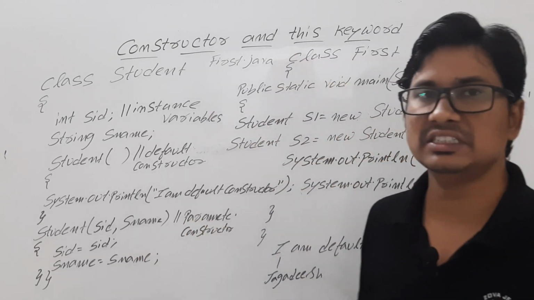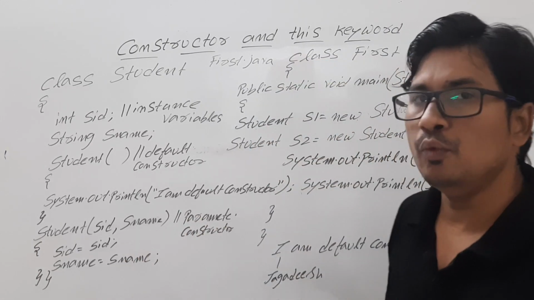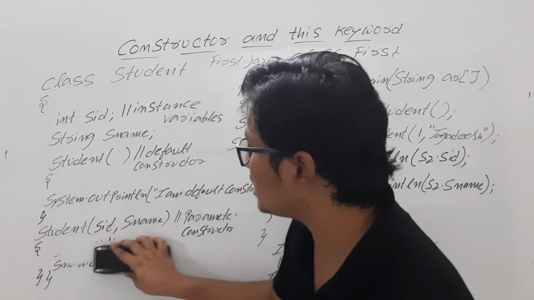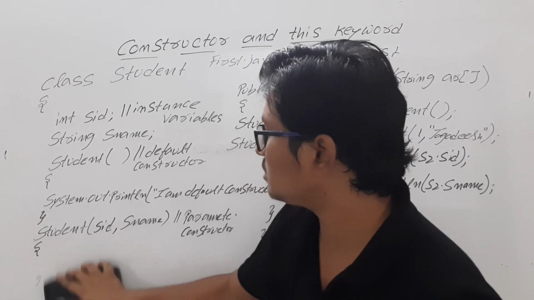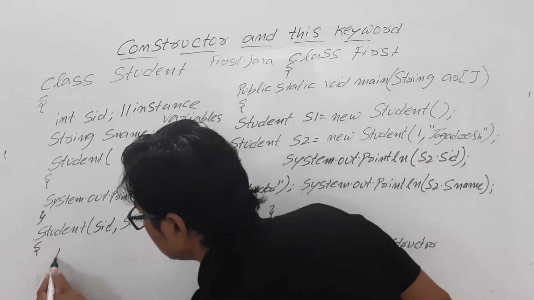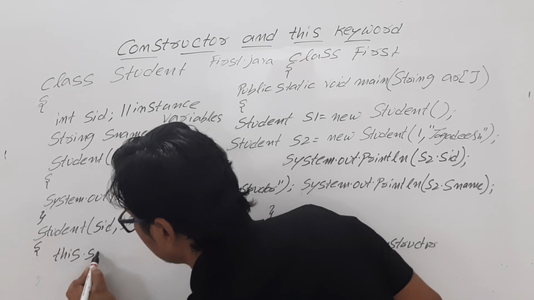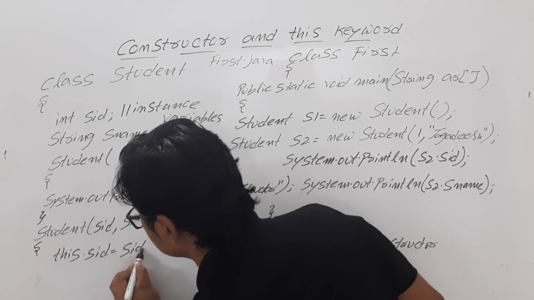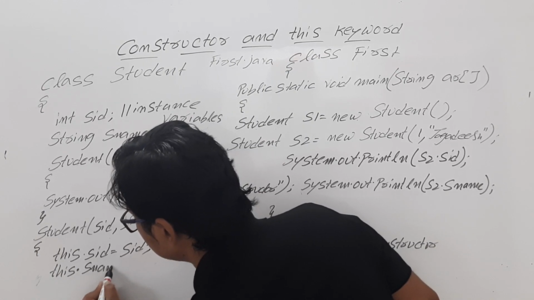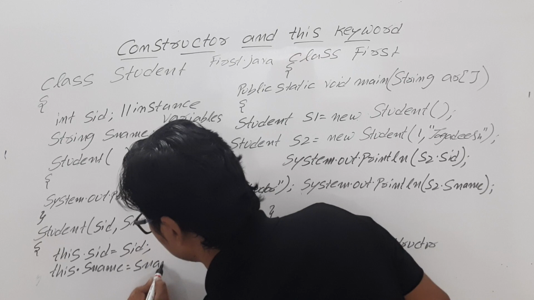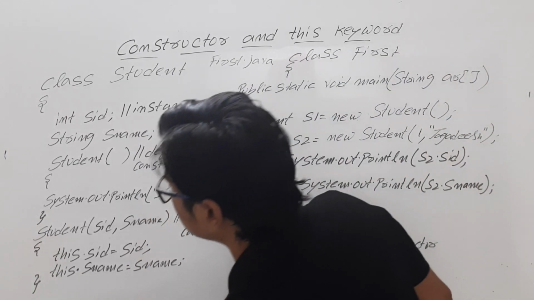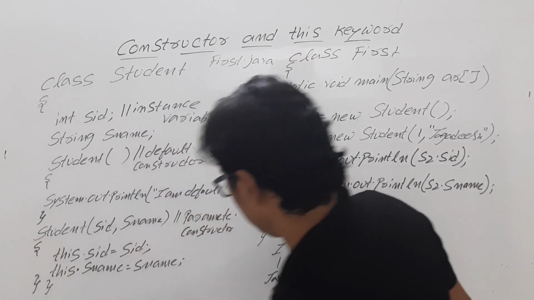To avoid this instance variable hiding problem, we can use the this keyword. Suppose you want to use the same name for the instance variables and the local variables, then what you can write is this.sid is equal to sid. Similarly, this.sname is equal to sname. And then let me close the method, the constructor, and the class.